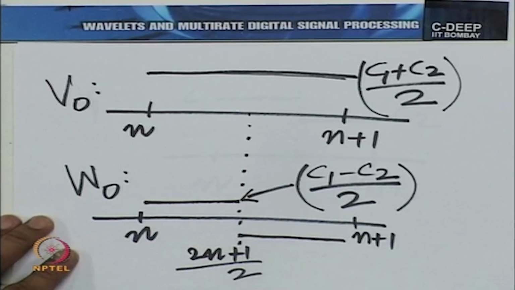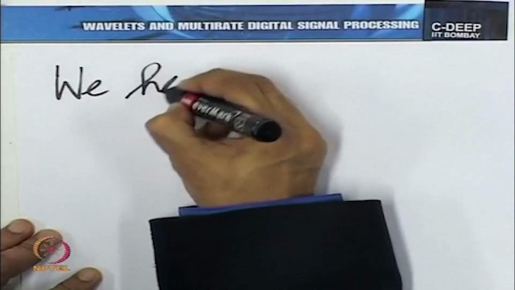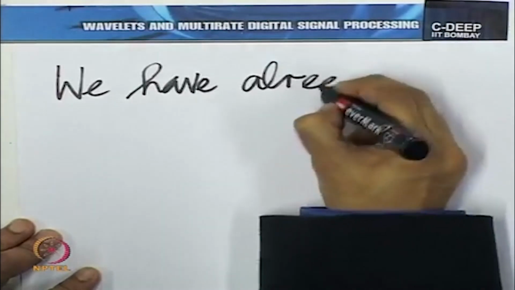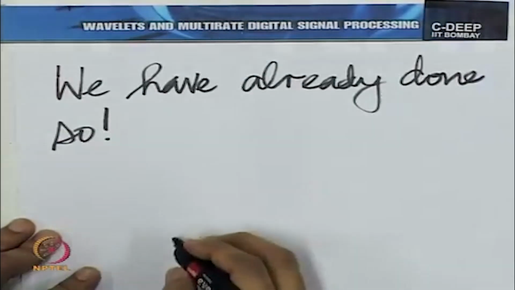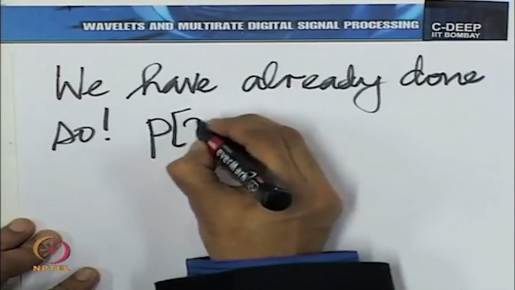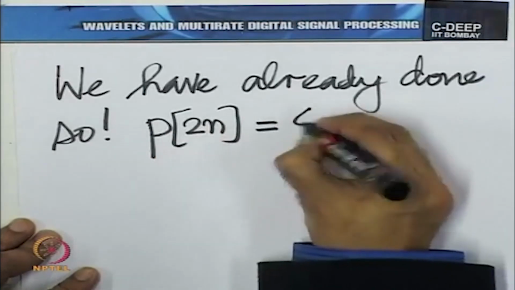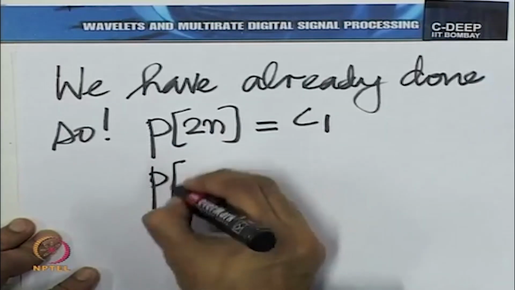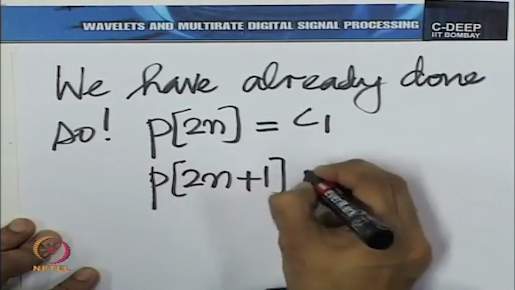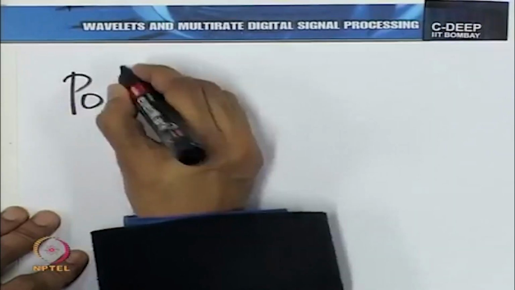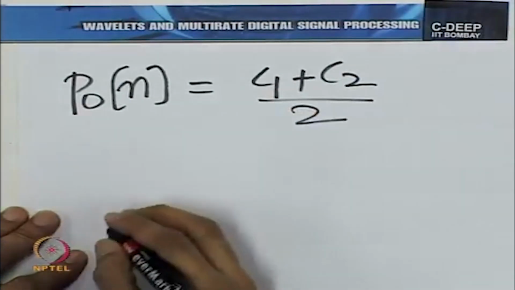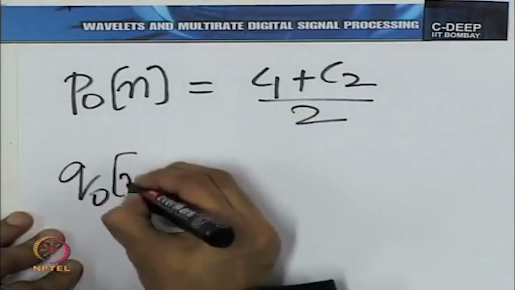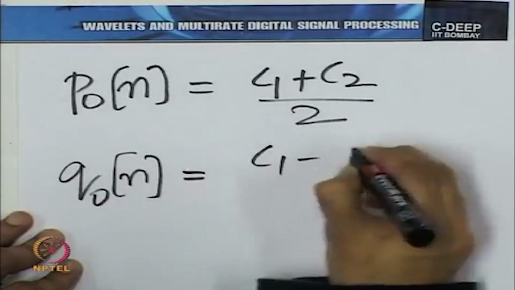Let me write down all these formally. So, I have a relationship there. I have almost done my job. What have we said? We have said P at 2 n is C 1, P at 2 n plus 1 is C 2, P 0 at n is C 1 plus C 2 by 2, and Q 0 at n is C 1 minus C 2 by 2.